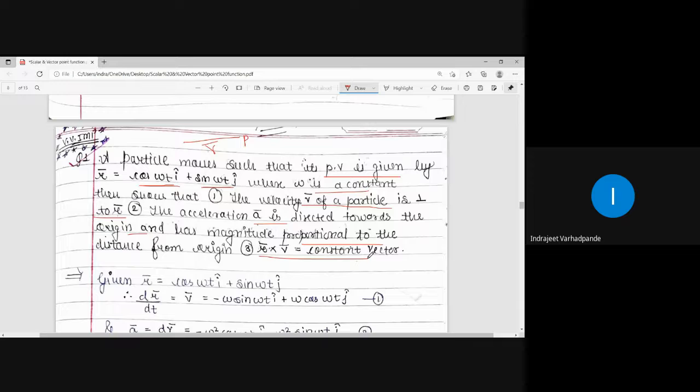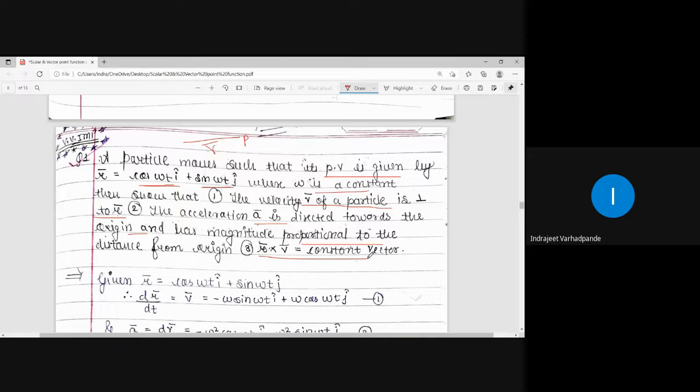Here, if you observe properly, we have only two components, that is i as well as j. The third component k bar is missing. That means it is only acting along a plane, where you have i bar as a unit vector along the x-axis and j bar as a unit vector along the y-axis.